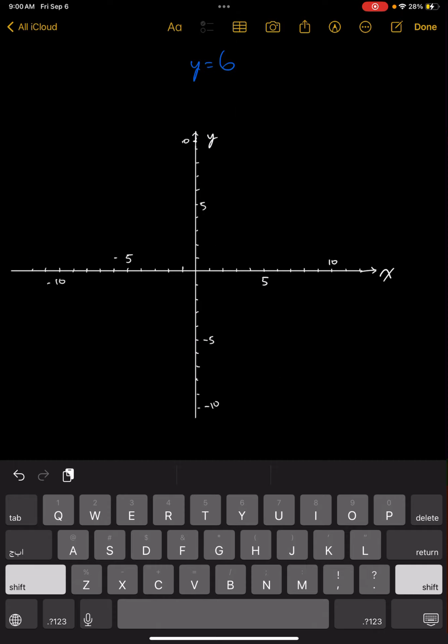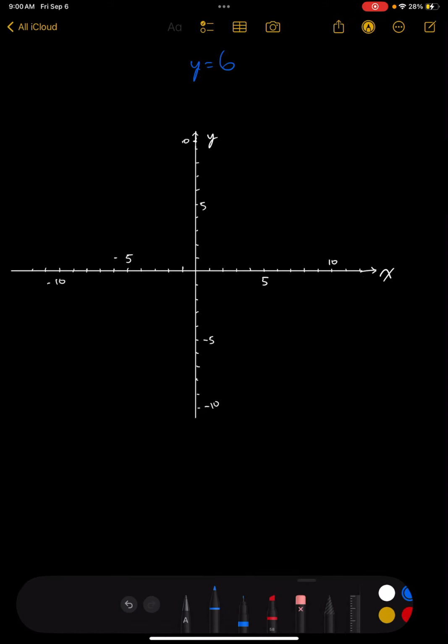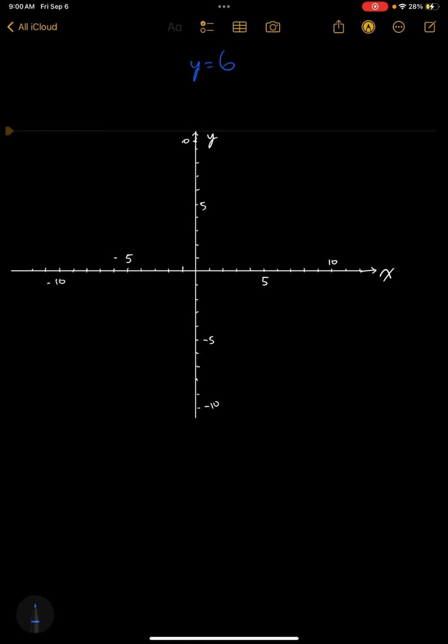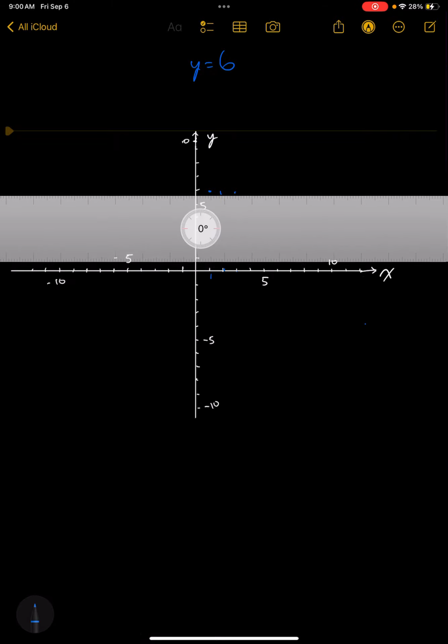Well, basically that means anywhere we look on our graph, no matter what x is, if x is 1, y is 6. If x is 2, y is 6. If x is 3, y is 6. It just states the relationship. y is always 6.